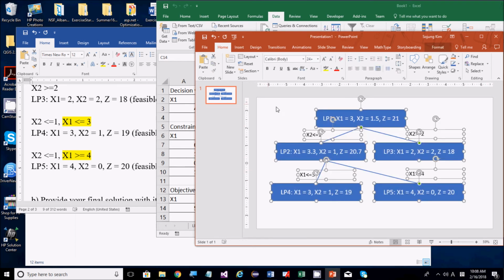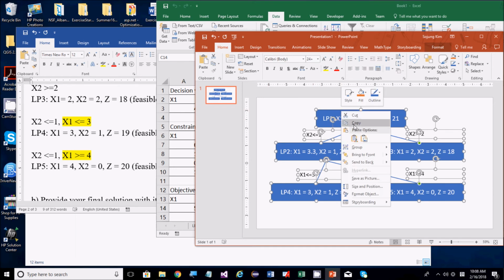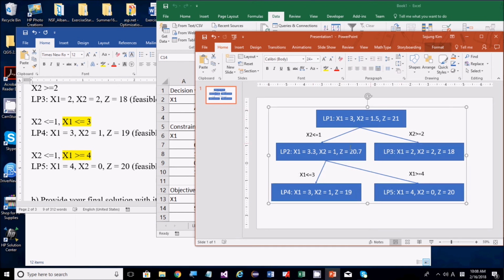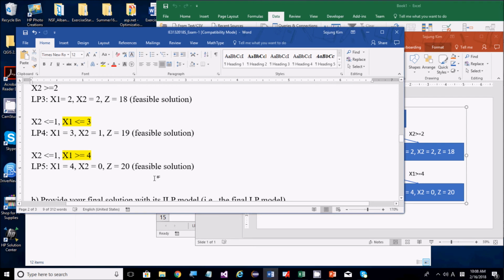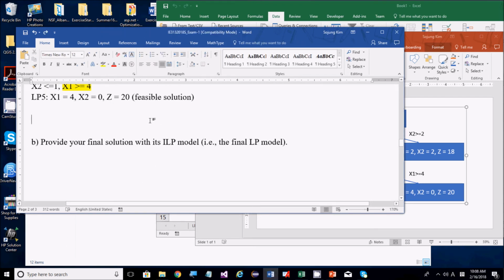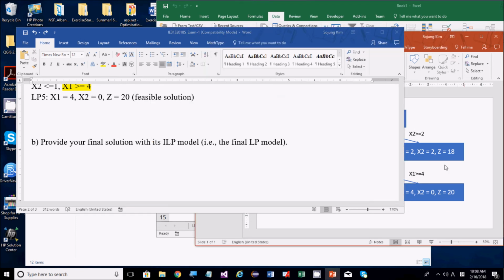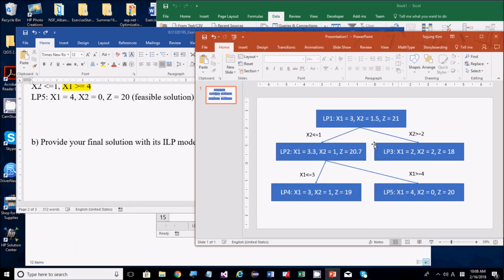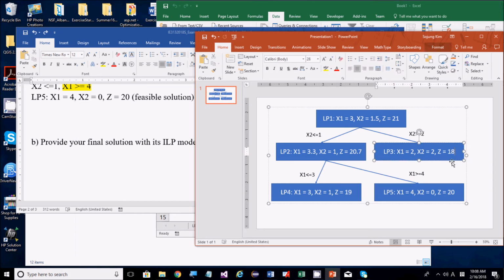So finally we got the solution of the ILP model. So this is a branch and bound tree, and also if possible you can write down the feasibility of the solution, and if you look at it, which one is the optimum solution?